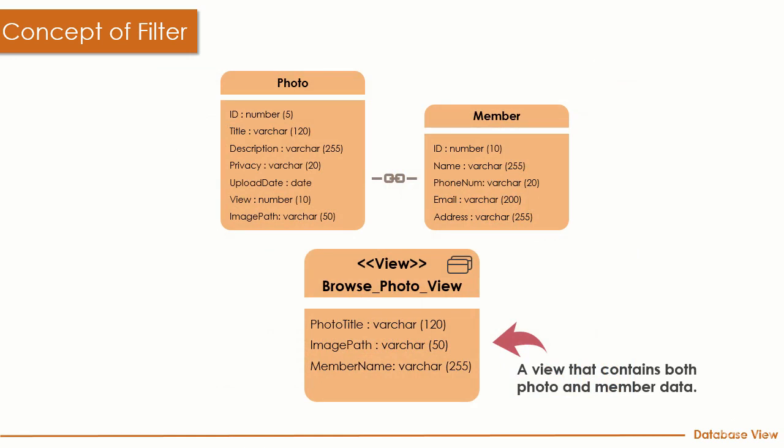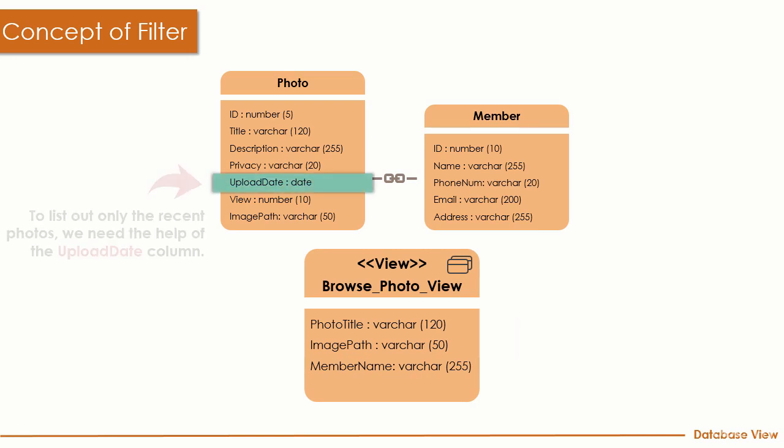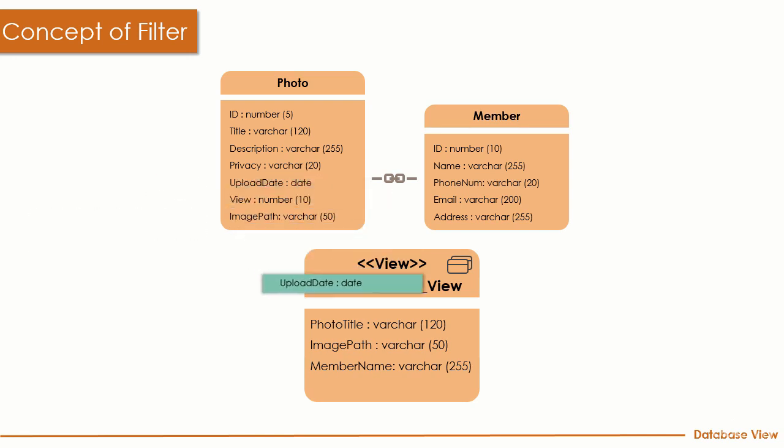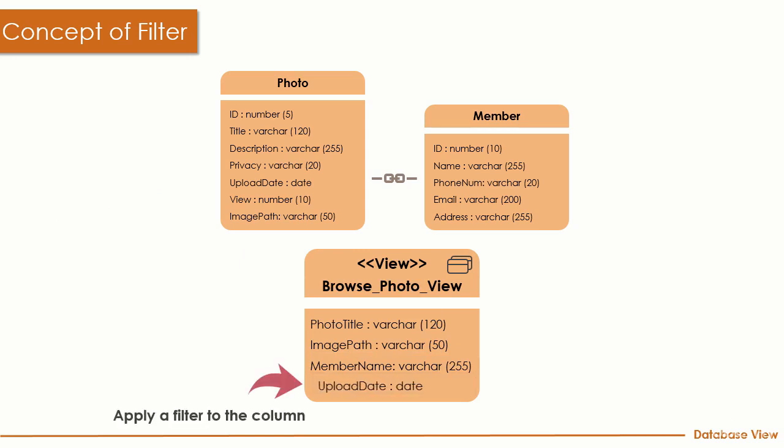So we base it on the browse photo view and enhance it to support recent photos. We have the upload date stored in the photo entity, which shows when you uploaded the photo. Then we can add this upload date to the browse photo view and add a filter to show only the photos uploaded within 5 days. Let's see how it works.